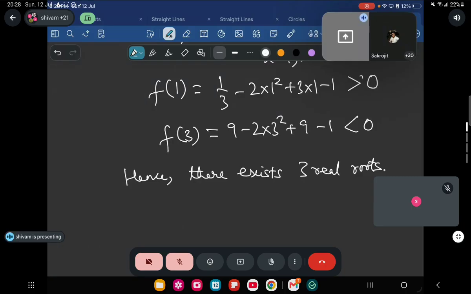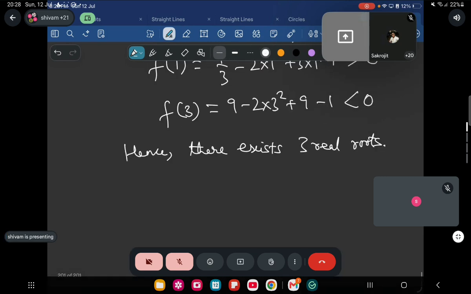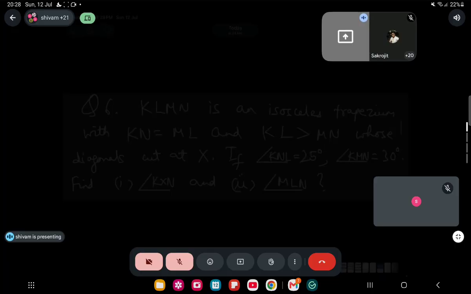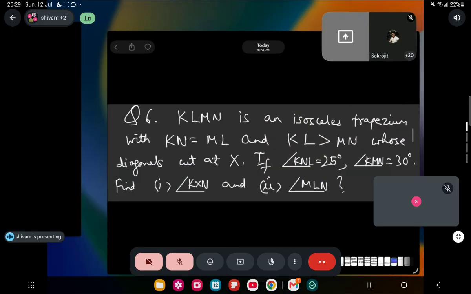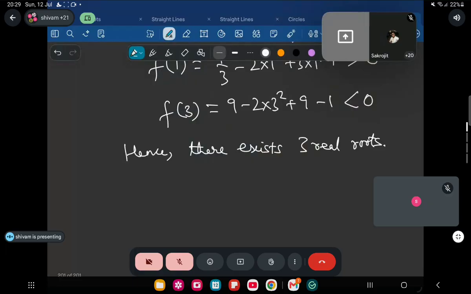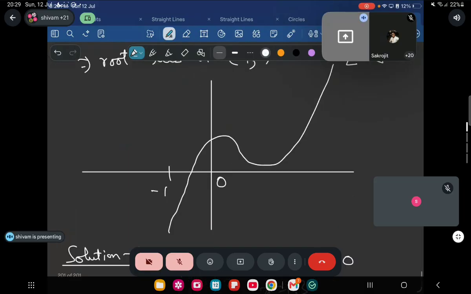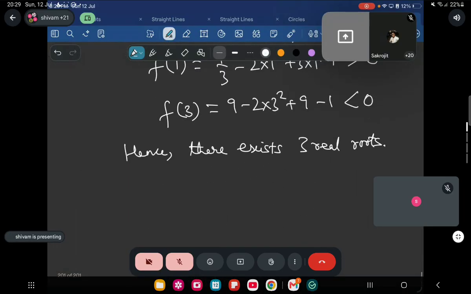Most probably before September, I think we'll be able to complete. August is full left, so I think I'll be able to complete. Indefinite will complete quickly because some parts we did earlier also. Definite may take a bit of time.